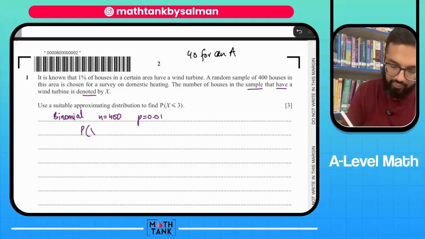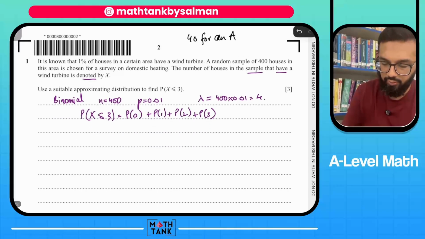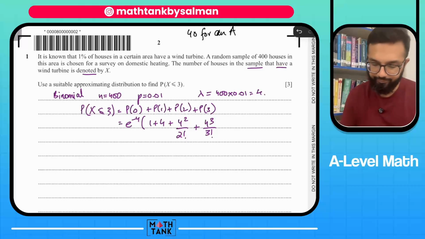So I want to calculate the probability of X less than or equal to 3. So that means 0, 1, 2, and 3. I will need lambda, 400 times 0.01, that gives me 4. So this becomes e to the power minus 4 times (1 plus 4 plus 4 squared over 2 factorial plus 4 cubed over 3 factorial).